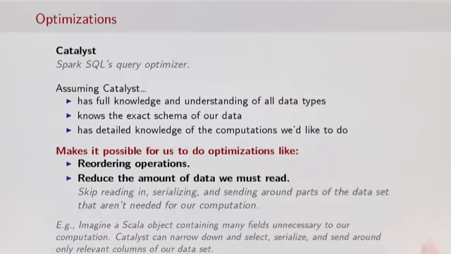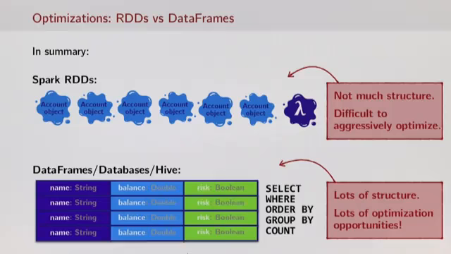Because if we recall a few slides back, if there are numerous fields that we don't need in a computation in one of these blobs of objects that exist inside of an RDD, in this case, we don't know that. Because these are blobs of objects that we don't know much about inside of an RDD, there's no way for us to somehow focus on only a small piece of these objects because, like I said earlier, we have no idea what's inside of these things.